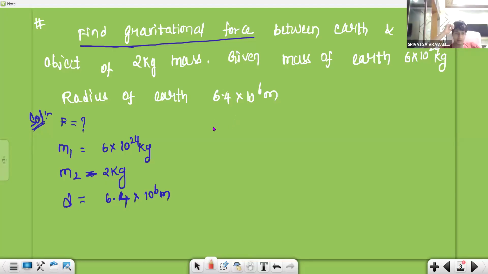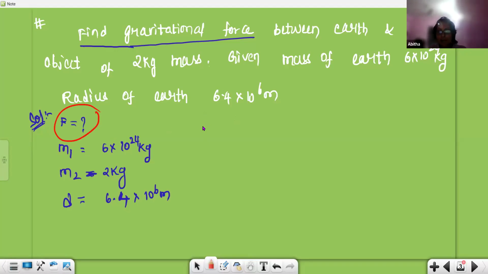To find F, what formula can we use? Yes, G M1 M2 by D square. So we should not miss this constant. It is very important.